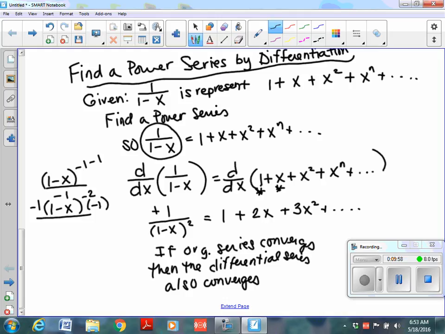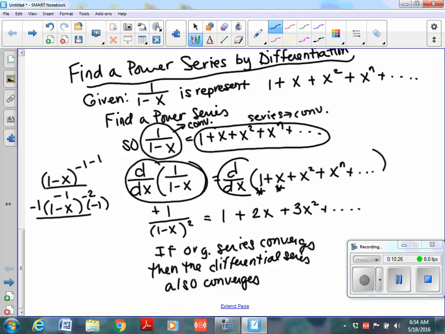As x is getting bigger and bigger, you know that this is converging. You can tell that it's converging. If that's converging and this equals that, the series also is converging. And if that's converging, then the theorem says that if the original is converging, its derivatives are also converging.